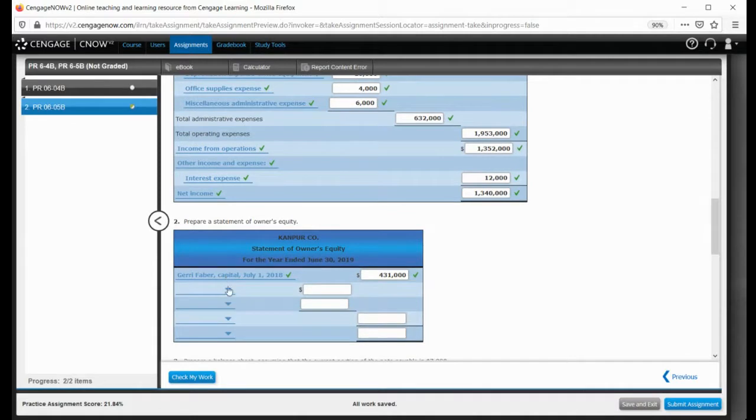And so they went to the next thing that we would have recorded, which is our net income for the year. The net income from the year comes from the previous income statement of $1,340,000.